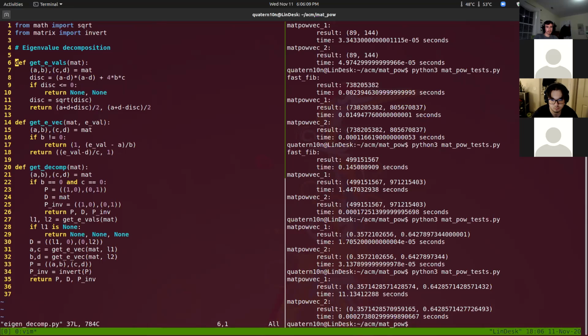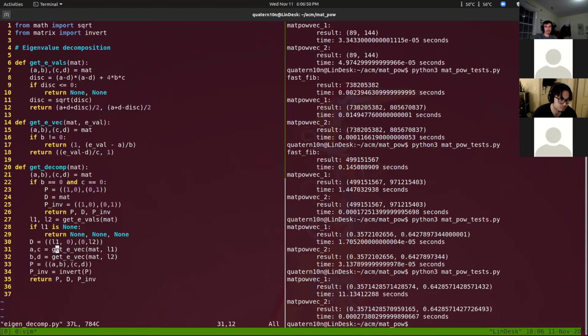I'm not going to get too much into this because it would probably get very boring. But it's essentially just if you did any eigenvalue, eigenvector decomposition problems in linear algebra, it's just going through that process here. So I can take any matrix here and pass it in. In one specific case, if the two off-diagonals are already 0, it's already diagonal, so I don't have to do anything. Otherwise, I get the 2 eigenvalues. With the 2 eigenvalues, you can create the diagonal matrix: one value in one corner and one value in the other, and the other 2 are 0.